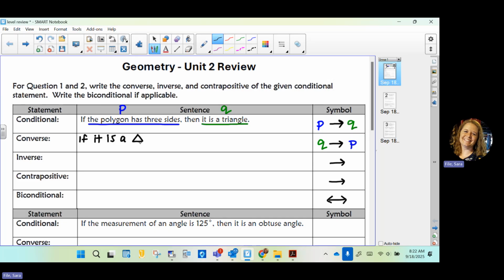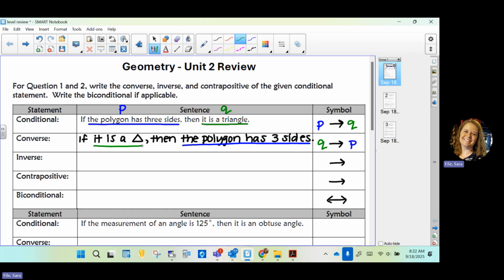I'm going to draw a triangle instead of writing the word to make it faster. Okay, then the polygon has 3 sides. So that would be the converse because I switched the order and I put my P back there after then, my Q up here after if.